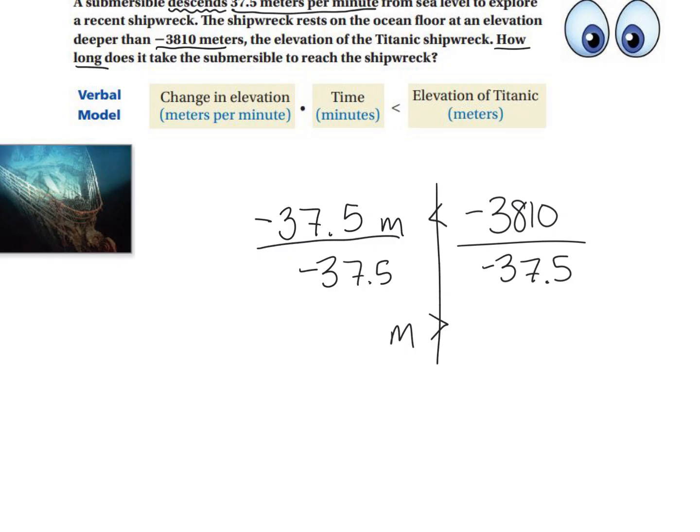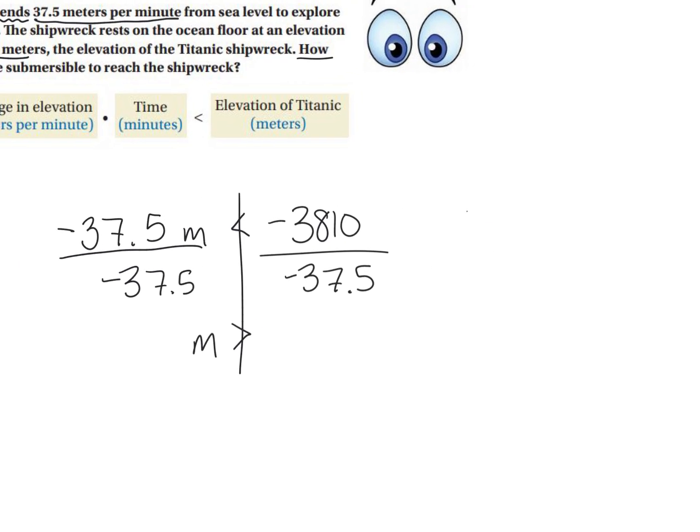Okay. When I go and divide these two, I'm going to set it up like so, 3810. Move my decimal, move my decimal. All right, 375 does not go into 3, does not go into 38, but it goes into 381 one time.